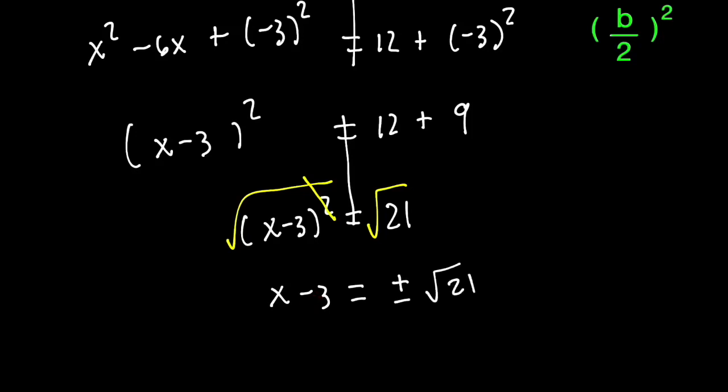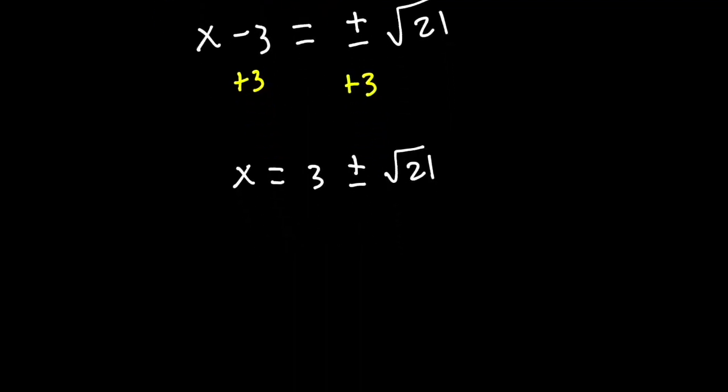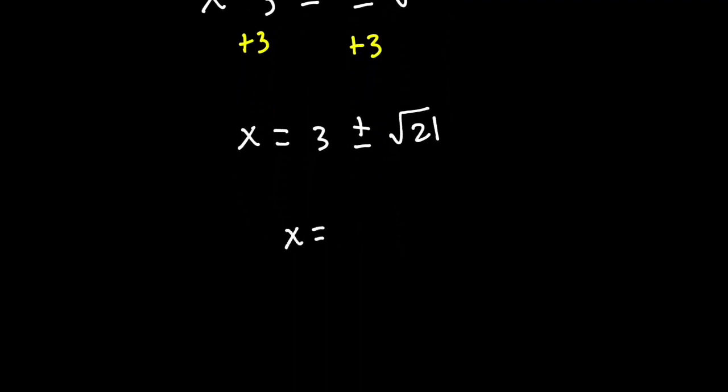To isolate x, I can now add 3 to both sides of the equation, and I'll get x equal to 3 plus or minus radical 21. So my two solutions are x equal to 3 plus radical 21 and x equal to 3 minus radical 21.